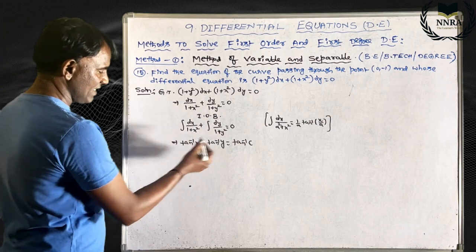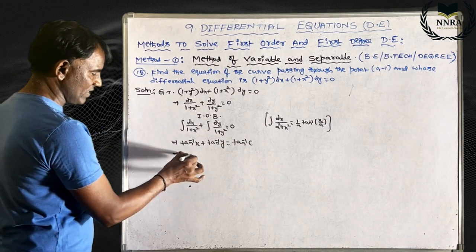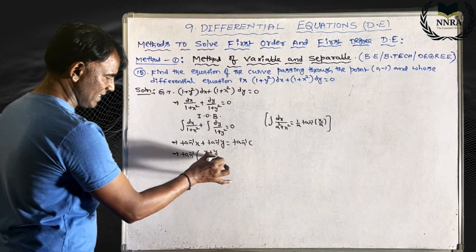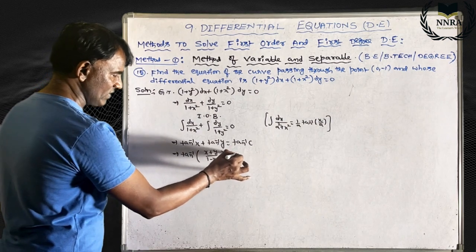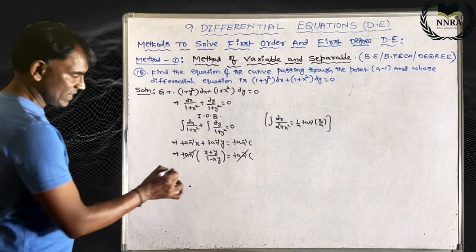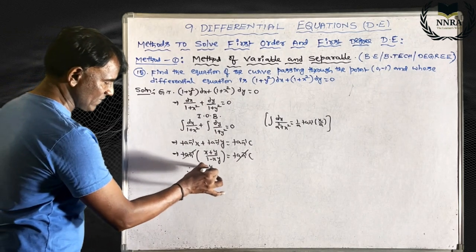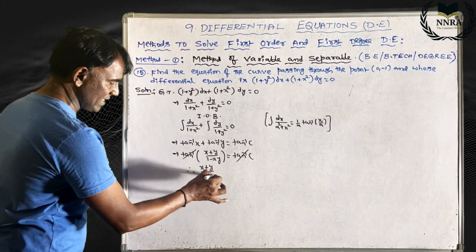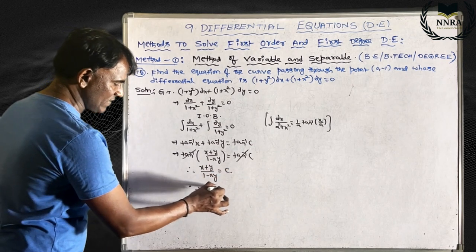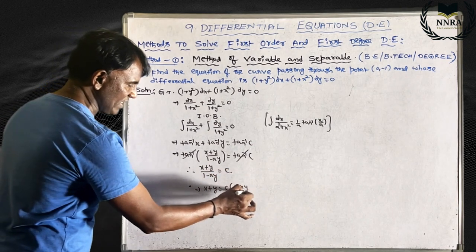And this is a direct formula: tan inverse of x plus y by 1 minus xy equal to tan inverse of c. Cancel the tan inverse. What is the remaining value? x plus y by 1 minus xy equal to c. And this can be written as x plus y equal to c into 1 minus xy.